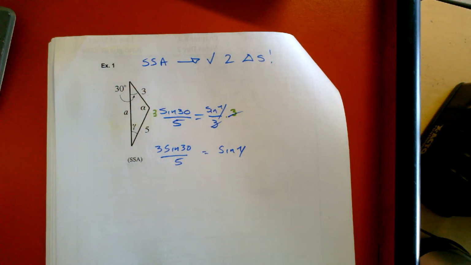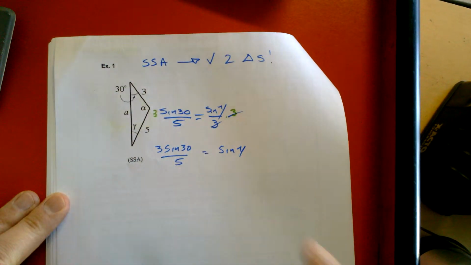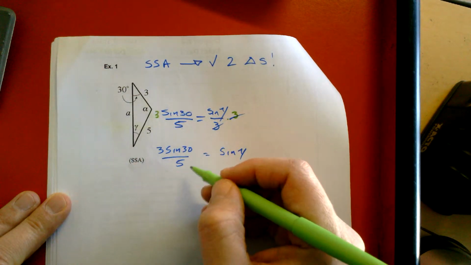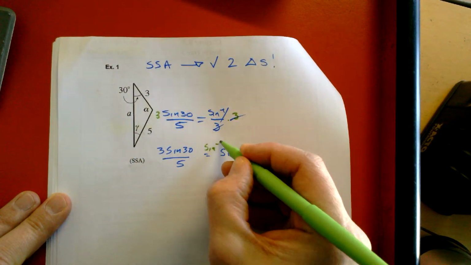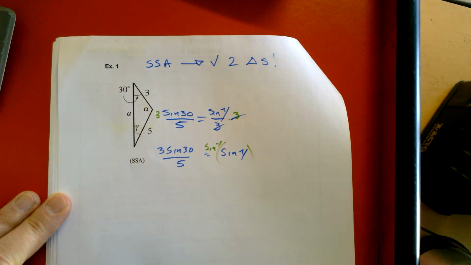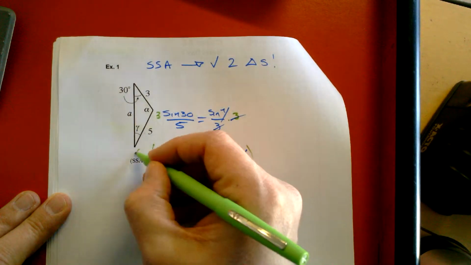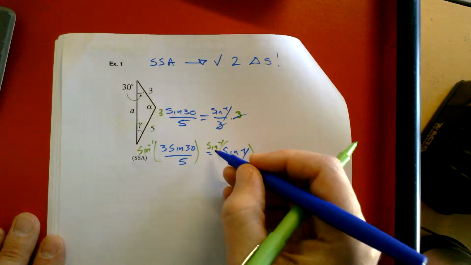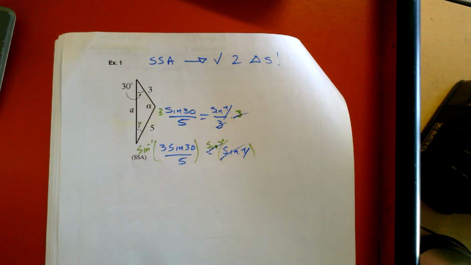How do we get rid of this sine? We do the inverse sine on both sides. It's like if you take x times its inverse, they cancel out. Same thing here.